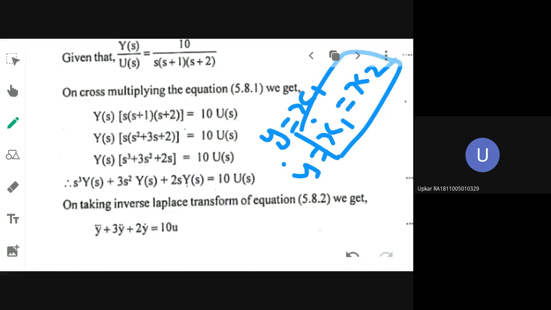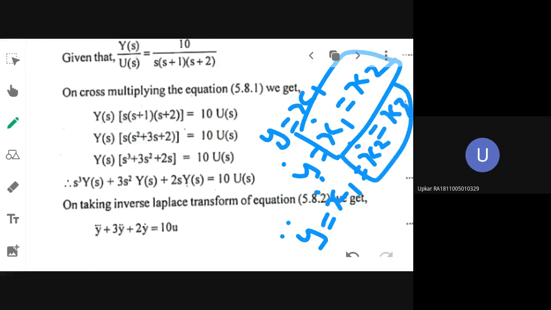Next thing is y double dot, that is equivalent to x1 double dot, that is equivalent to x2 dot. I am choosing it as x3. So this is my second state equation. One more equation I have to determine, that is for x3 dot. That I will do by reframing this given equation. So in this way I will be able to frame my x1 dot, x2 dot, x3 dot state equations.